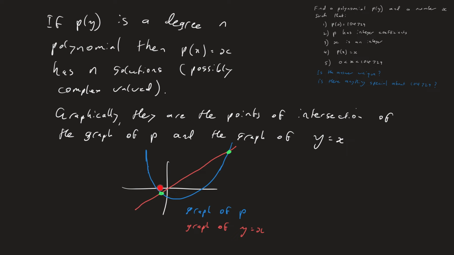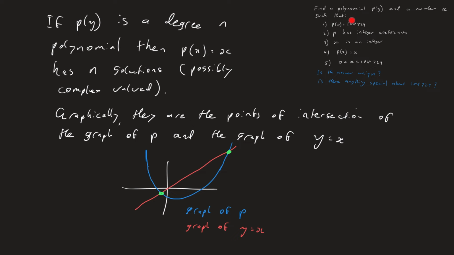Then in red, we draw a 45-degree line corresponding to y equals x. And where these two graphs intersect are the solutions to when the function evaluated at a point equals itself. Indeed, that's what y equals x does. Any value of x gives us the corresponding value of y.